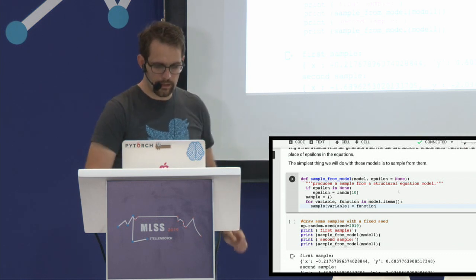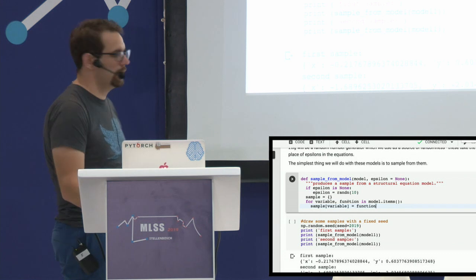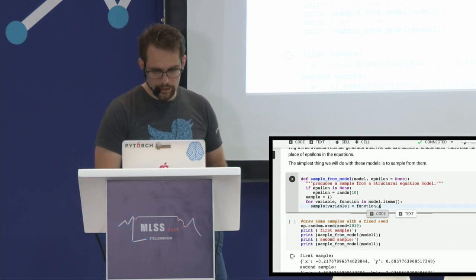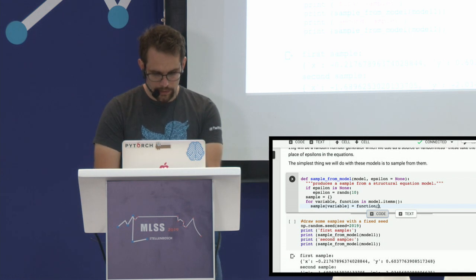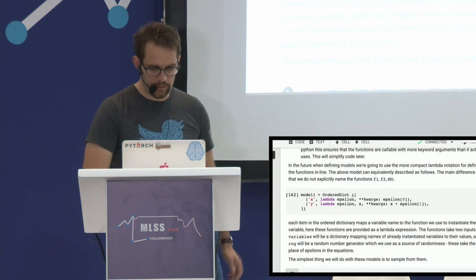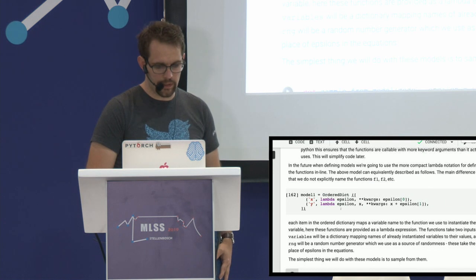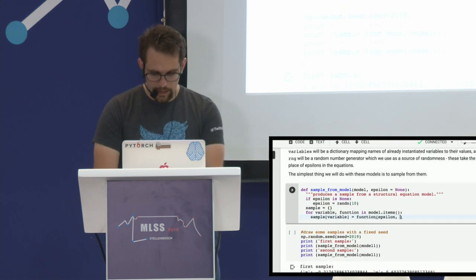This is now going to be a function that you can call, one of those lambda expressions, for example. And this function, I call it with epsilon. Remember that all of these functions expect epsilon, the epsilon vector, to be their first argument. And then I'm going to do this.